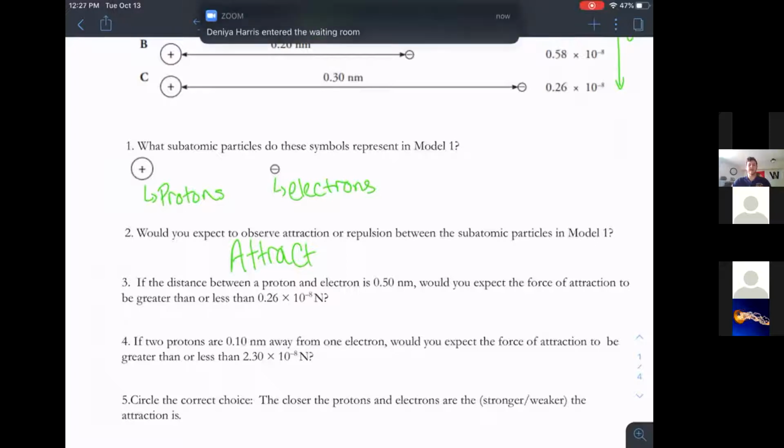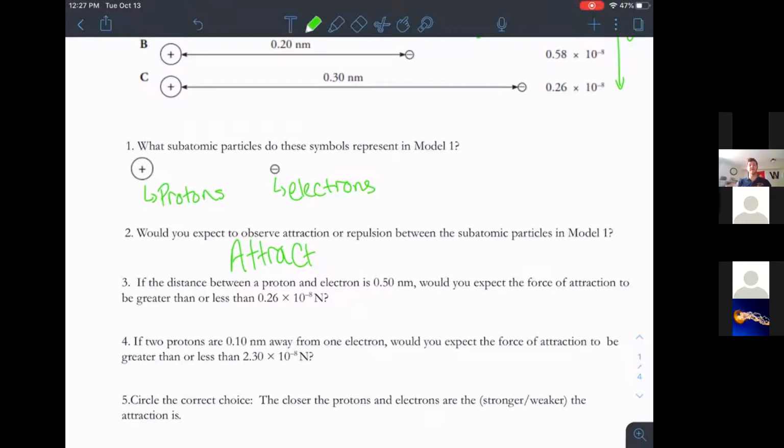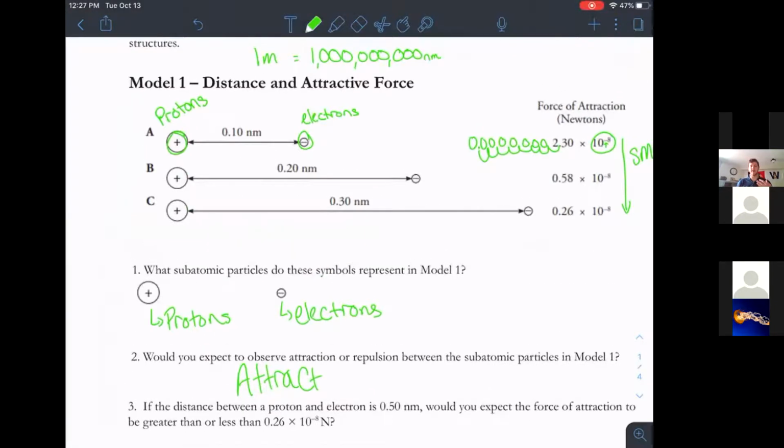Number three says, if the distance between protons and electrons is 0.5 nanometers, would you expect the force of attraction to be greater or smaller than that 0.26 times 10 to the negative 8? So let's look back up at model 1. If we look at these numbers, we went from 0.1 nanometers to 0.2 nanometers to 0.3 nanometers.